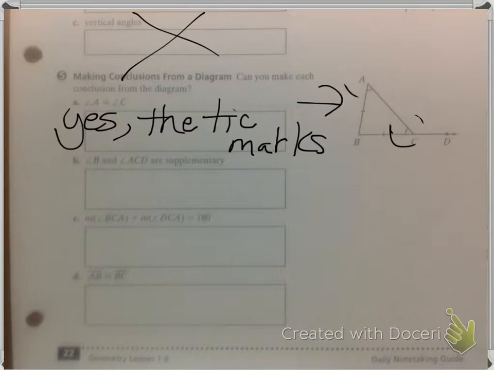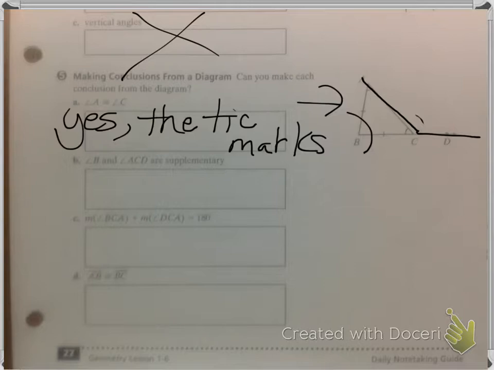Number 5B. I'm going to mark my picture. Are angle B and ACD supplementary? Okay, so there's angle B and ACD. Does it look like they make a straight line? Well, they're not side by side, so I can't really tell.